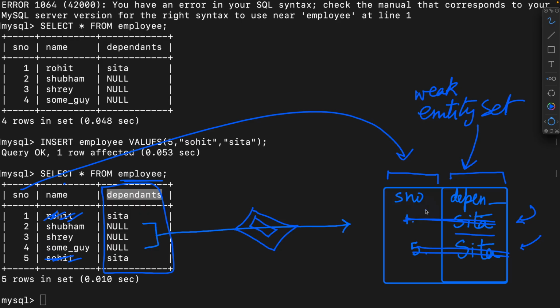What I was trying to say is there could not be an entry with only Sita and this part being null, right? So for every single entry in your dependents column, there is going to be a corresponding employee, right? So from a weak entity set point of view, there is total participation.